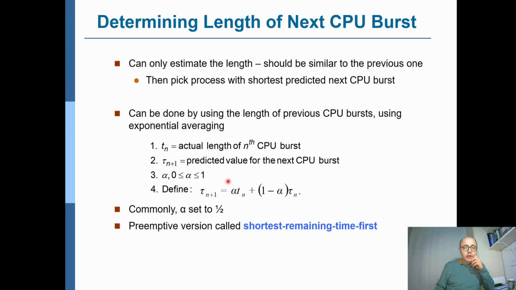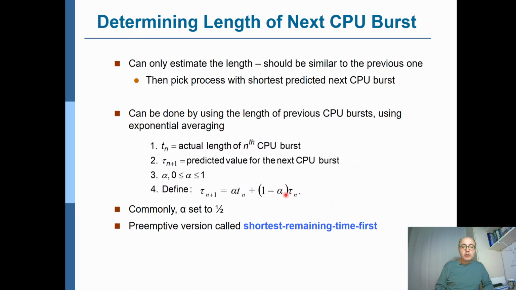It says, forget about this Tn. What was Tn? Tn is the actual observation. It's what happened in the last CPU burst. And it says, give 0 weight to that, and give all the weight to what? To my estimation for the previous one. So that also depended on my previous estimation.